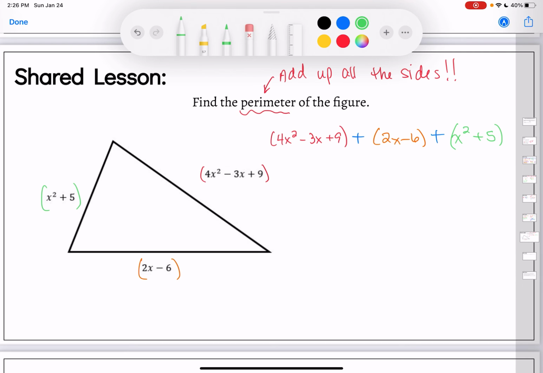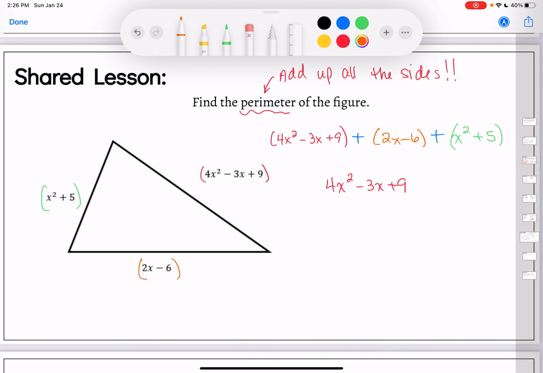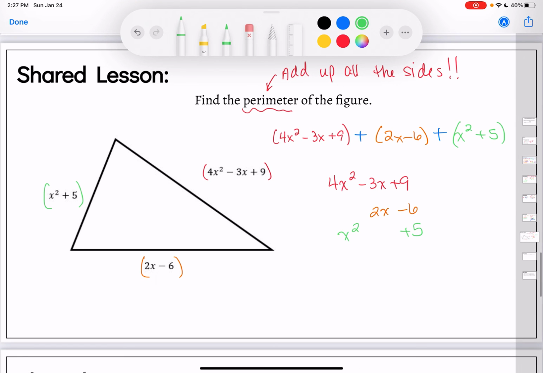Or we could just write it above and below like we've been practicing on all the other ones, right? So I have 4x squared minus 3x plus 9. Then when I write my 2x minus 6, I'm going to line up the correct parts. So 2x is going to go here, minus 6 under the 9. And then when I add my x squared, it's going to go under the other x squared, and the plus 5 is going to go under the constants, right? My plain numbers. And then I'm going to add them all up.